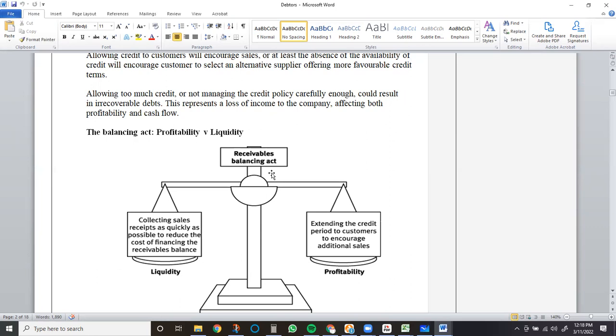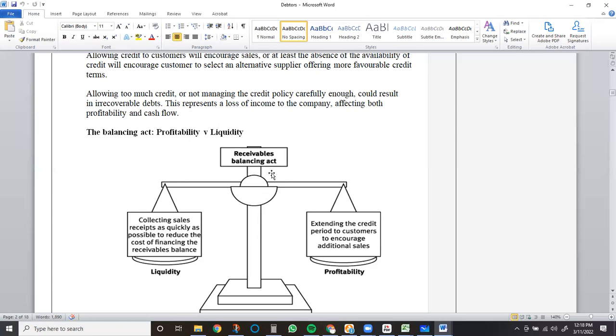So if you intend to extend credit periods to encourage customers to buy more, then guess what? The company must also have a proper debtors management process in place so as to collect monies back from sales as quickly as possible. As you saw in the illustration on the whiteboard just now, having a big figure for debtors does not necessarily mean that the company is doing well.